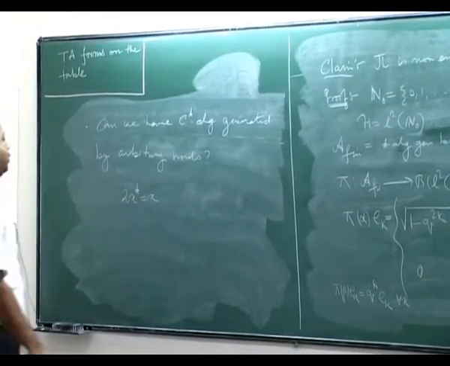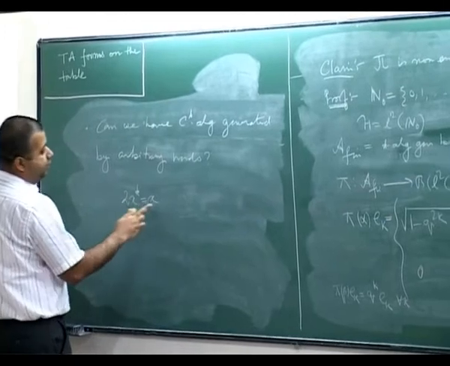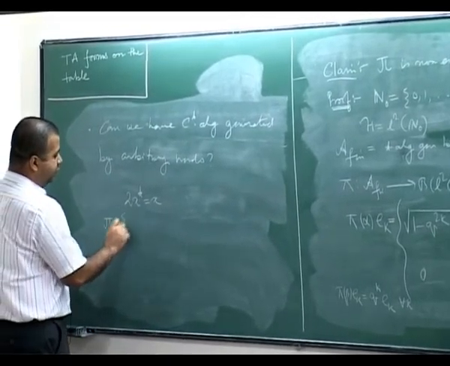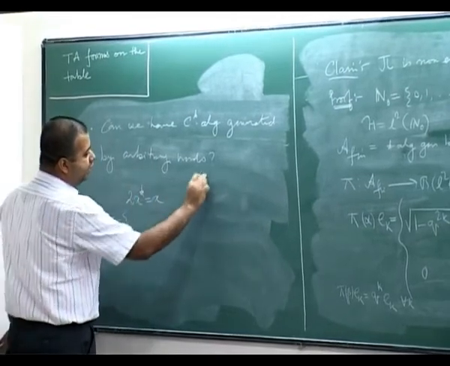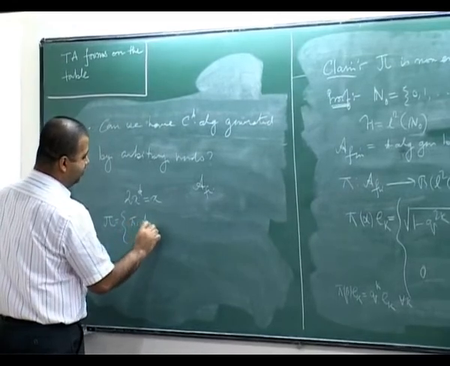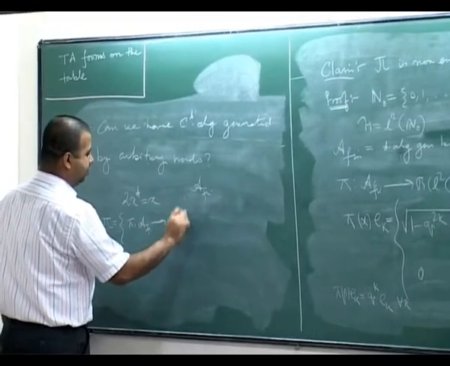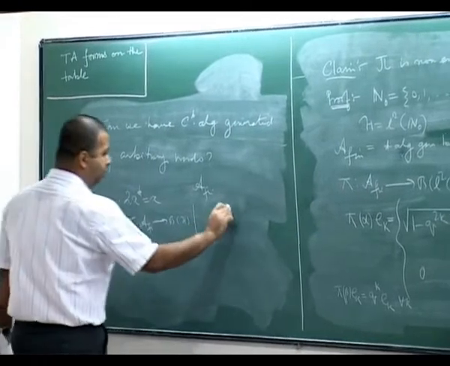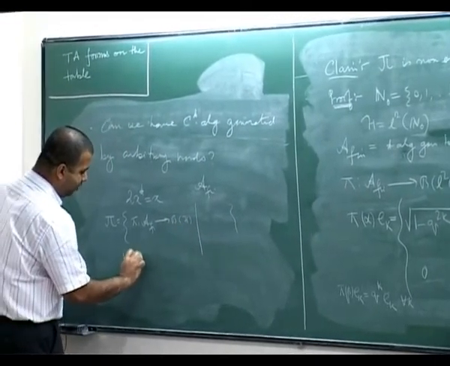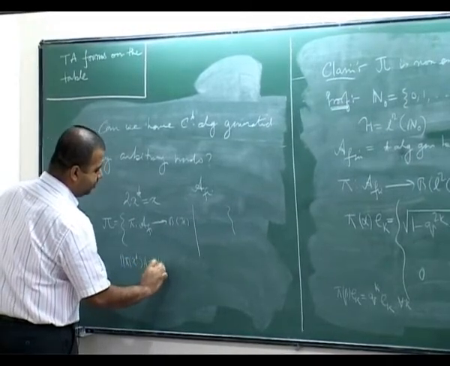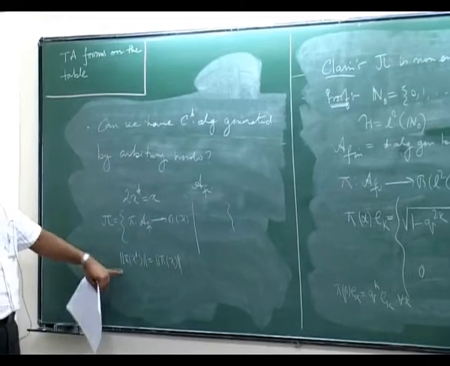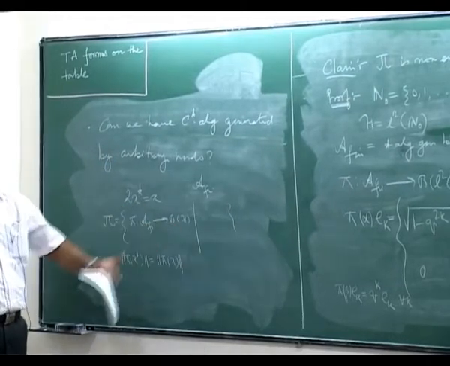So of course this cannot be satisfied, because in this case, if I want to form this thing pi, so let us call this algebra say A, I can form a finite, and this set becomes empty, because norm of pi x star is same as norm pi x, so we cannot have this thing.